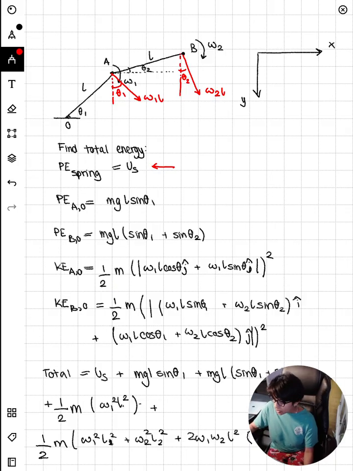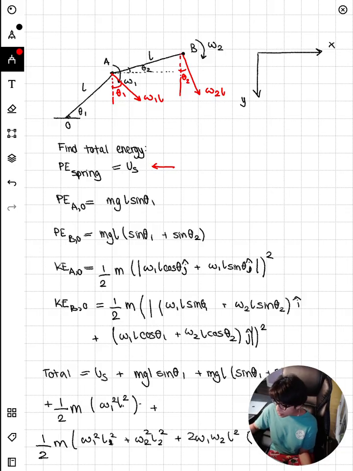Meanwhile, let's find the kinetic energy of A with respect to O. This is equal to half times m times the absolute value, as when you're trying to find the kinetic energy of an object, the velocity will be expressed as a vector most of the time in physics. However, you need to take the magnitude of that vector or you'll be getting nonsensical results.